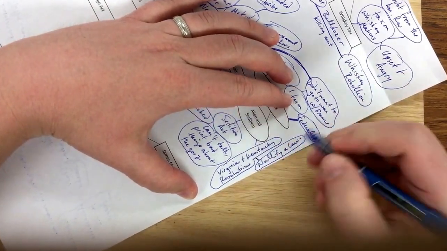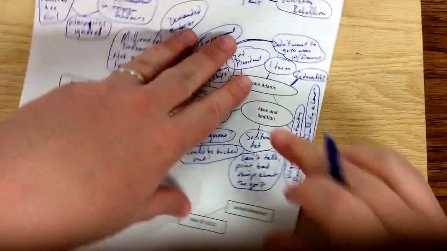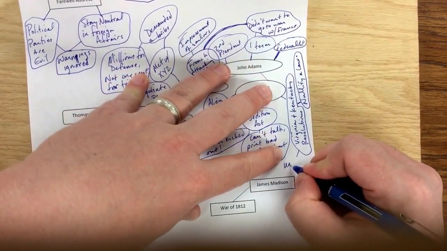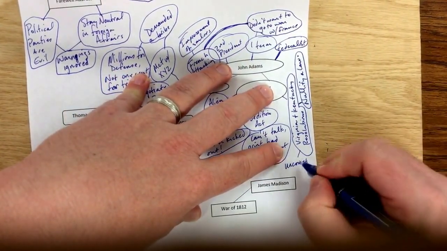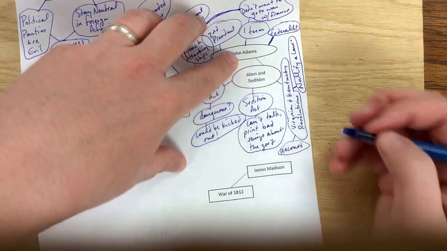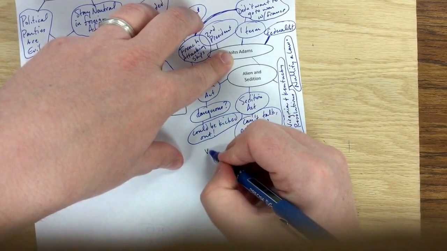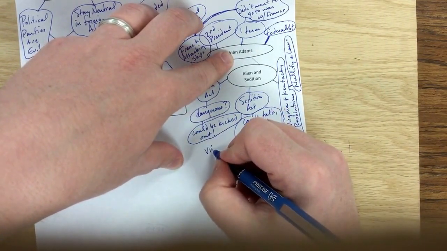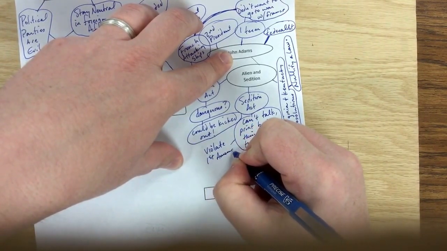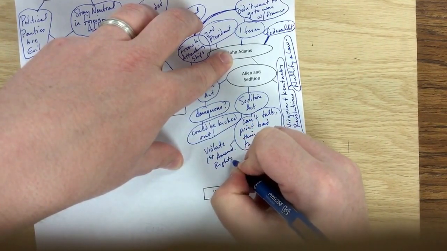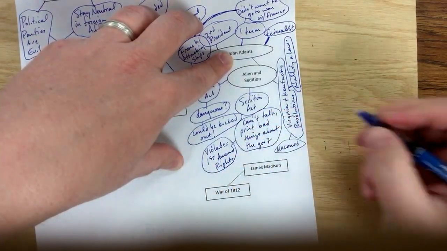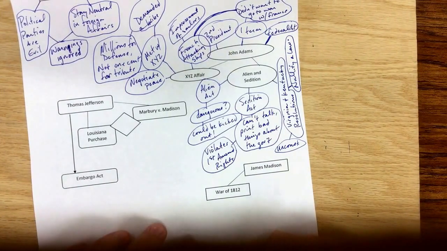So they were trying to nullify and cancel the Alien and Sedition Acts because they thought they were unconstitutional. I just abbreviated that for you. A lot of people were saying they violate the First Amendment rights, especially the Sedition Act.